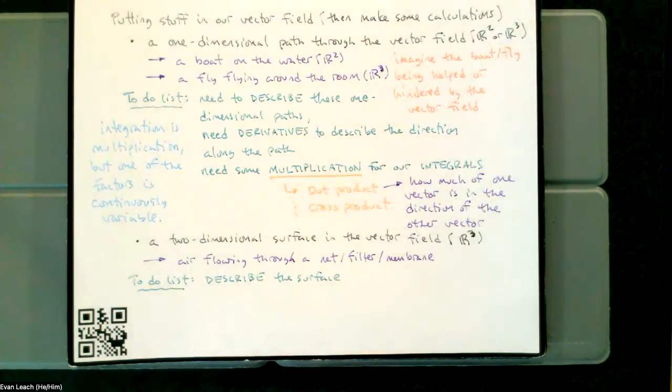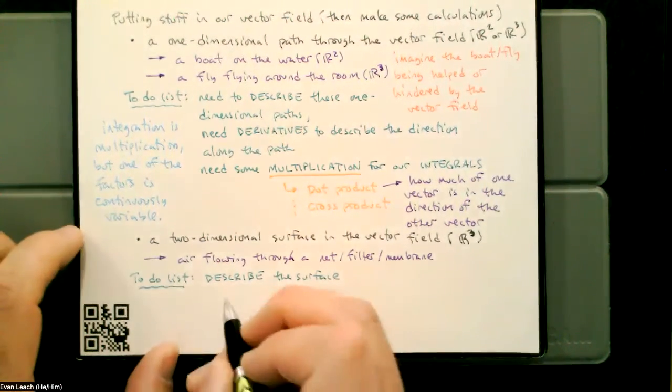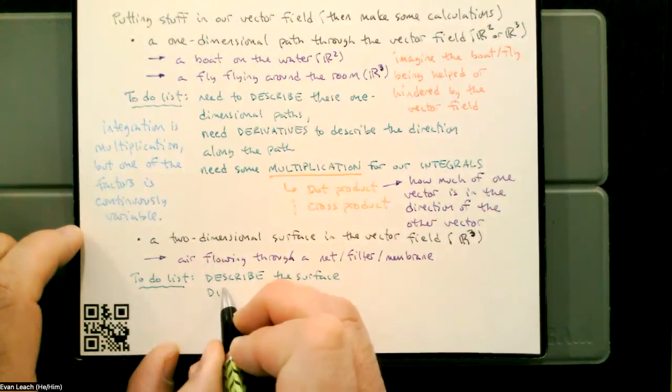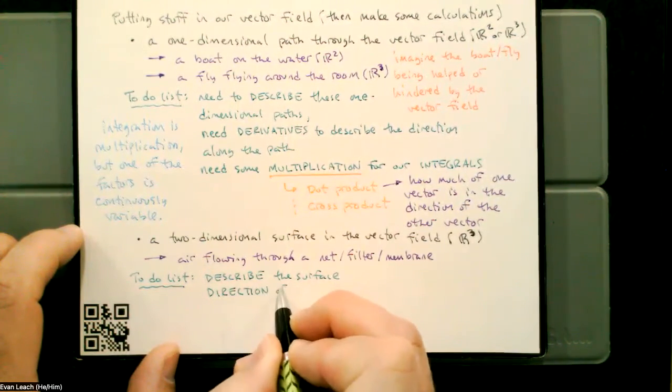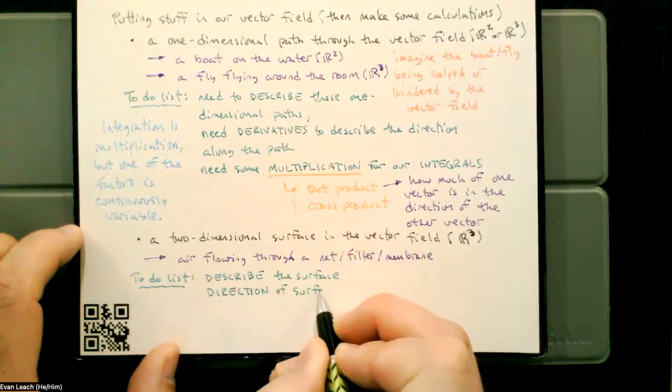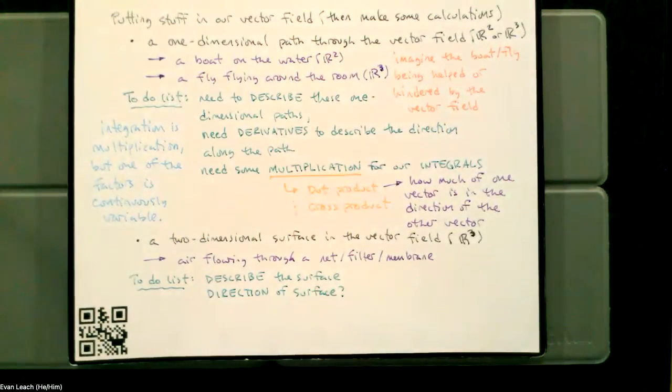We're going to need to use derivatives to describe some direction along the surface. What kind of direction are we going to get from the surface? That's a little bit weird.